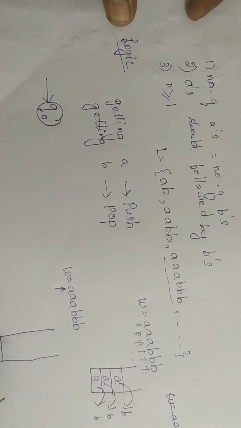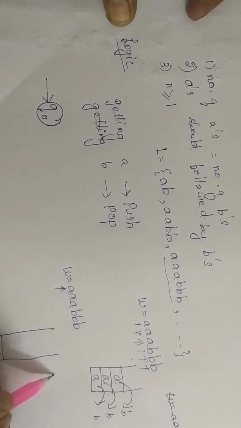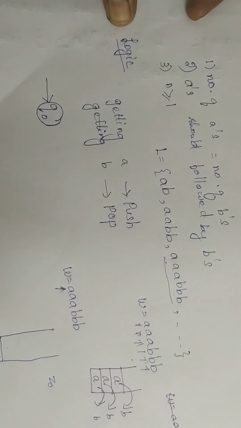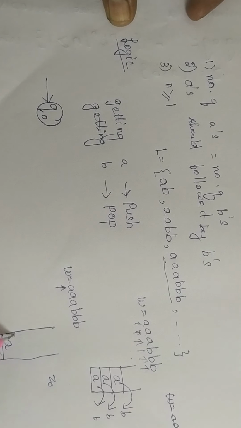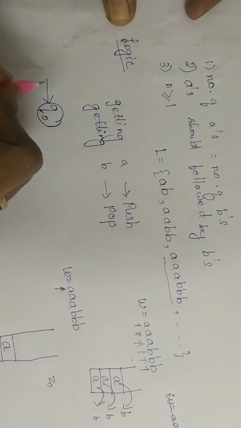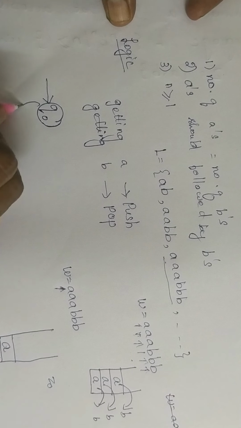Initially the Z0 is out, and after reading the symbol A, we push this Z0 as well as this A into the stack. In that manner we have to draw the transitions also.